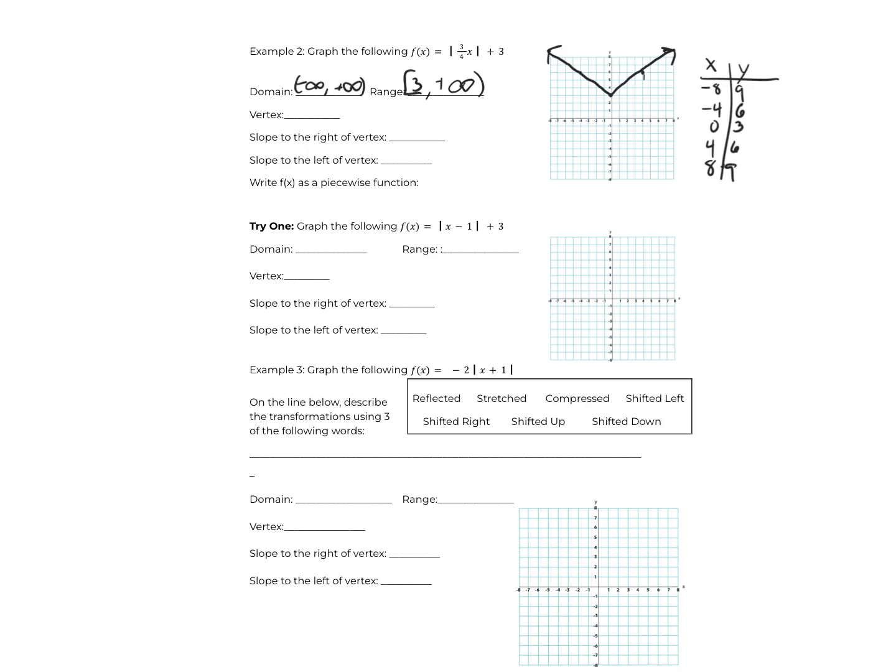The vertex, that turnaround point, you see it's at 0, 3, which, if you'll notice, might have something to do with that 3 there. The slope to the right of the vertex is +3/4. The slope to the left of the vertex is -3/4.